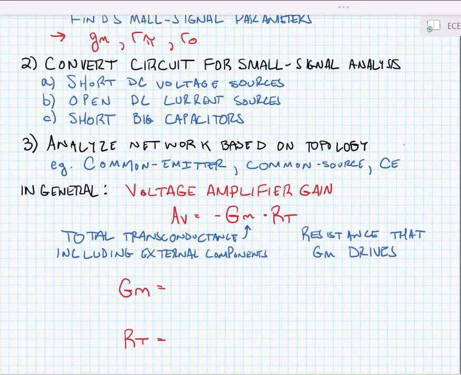Big Rt is the resistance that transconductance drives. So for a voltage amplifier, the operation is generally that the transistor with its external components converts the voltage of the input to a current. That current is driven into a resistor, and the resistor converts the current back to a voltage.